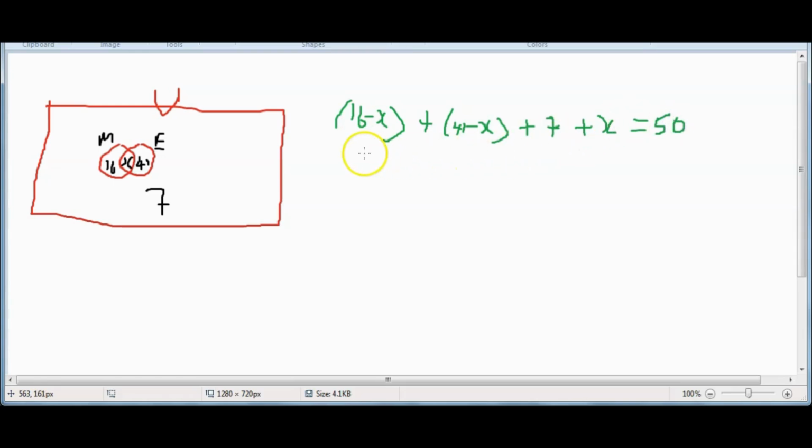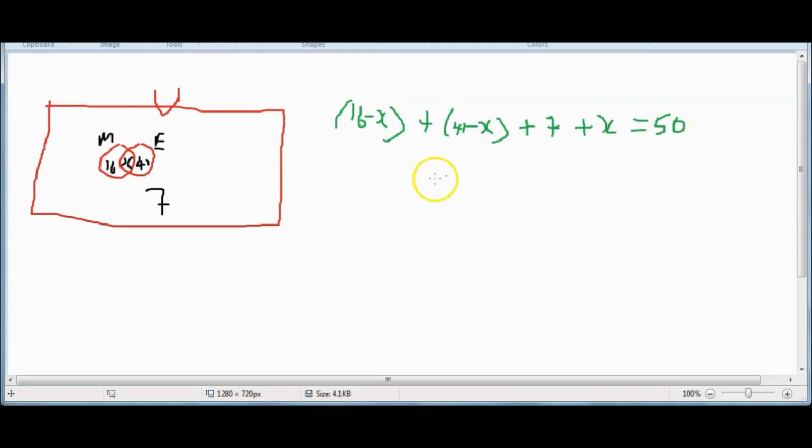Sixteen minus x is the number of students that pass math plus only. 41 minus x is the number of students that pass English. 7 is the number of students that fail math and English. x is the number of students that pass math and English, equal to the total number, which is 50.